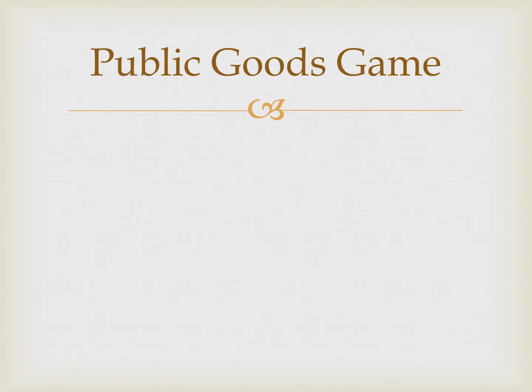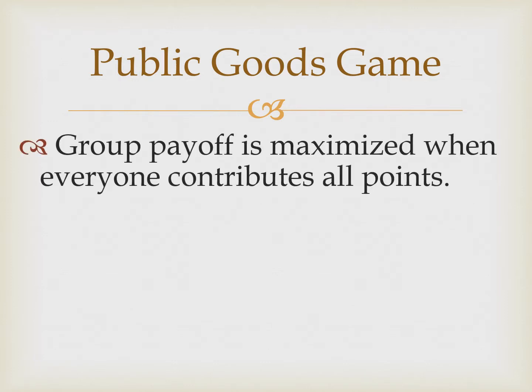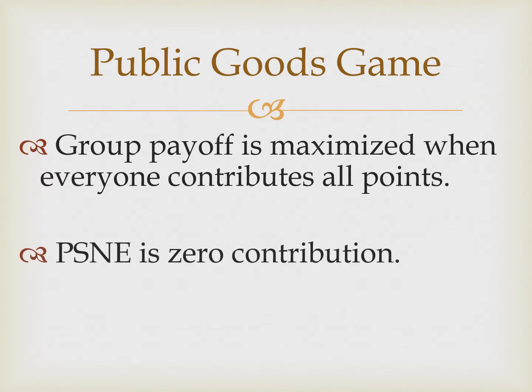However, this is not the outcome that we see in public goods games. The group payoff might be maximized when everybody contributes all their points. However, the pure strategy Nash equilibrium is no contribution whatsoever. You are optimizing, holding everyone else's actions constant, if you contribute absolutely nothing.